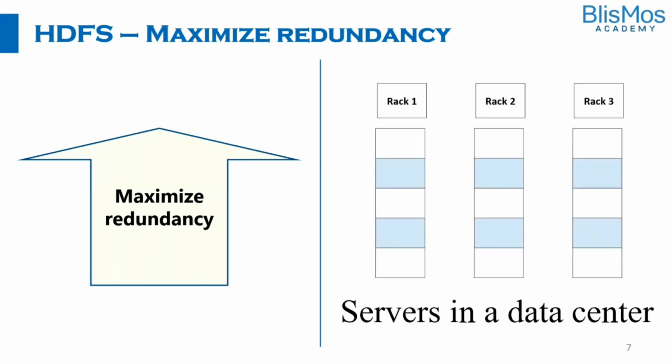Assuming that we have servers in a data center. For discussion purposes, let us assume that we have 3 racks: rack 1, rack 2, and rack 3. We have these servers in these data centers. Now, if we were to store the data considering replication, let us take only one block for the discussion. How can we go and store the one block across these 3 racks to maximize the redundancy?